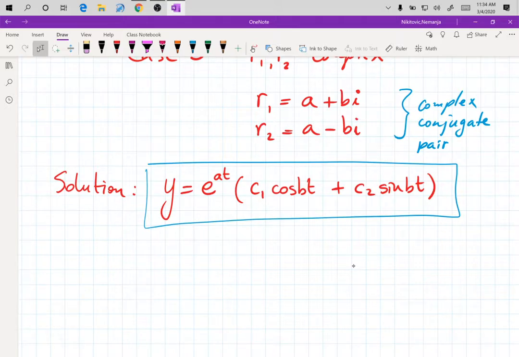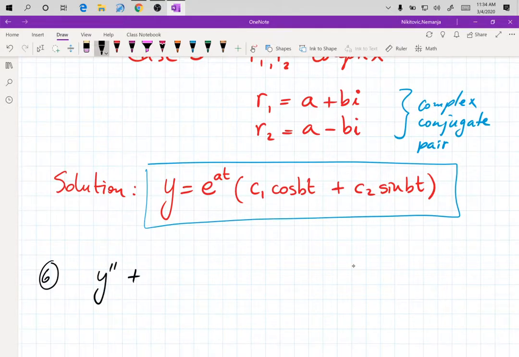So I am going to pick up an example of this. Let's see, hopefully problem number 6 would do.